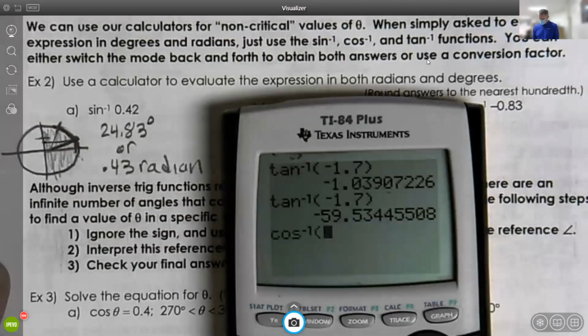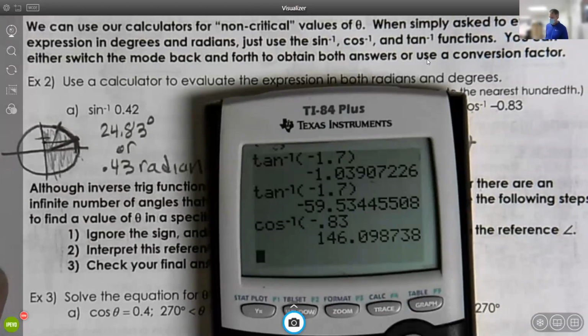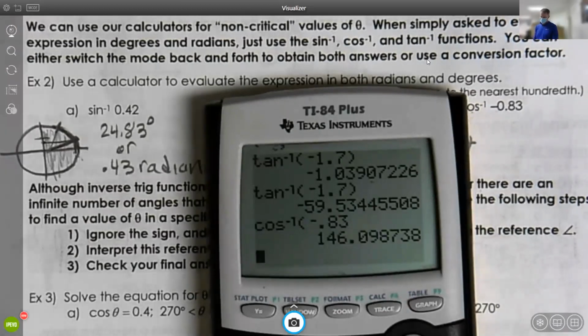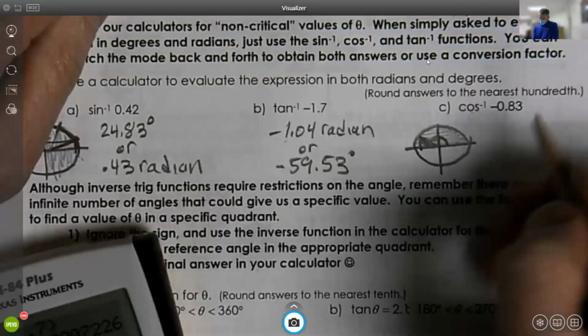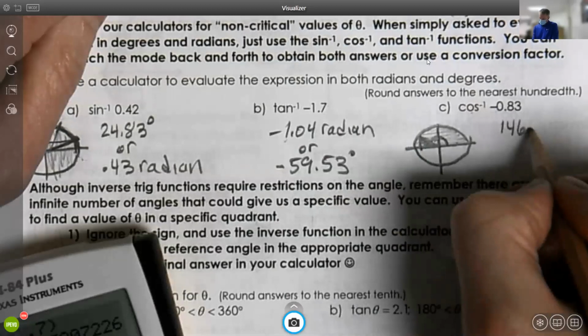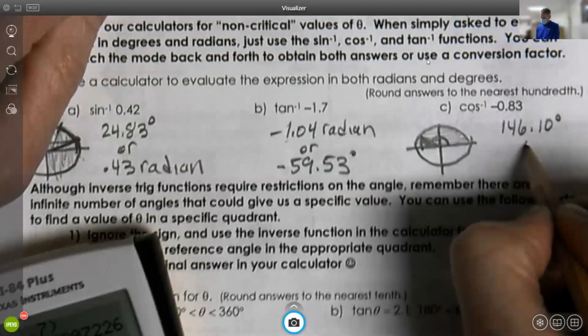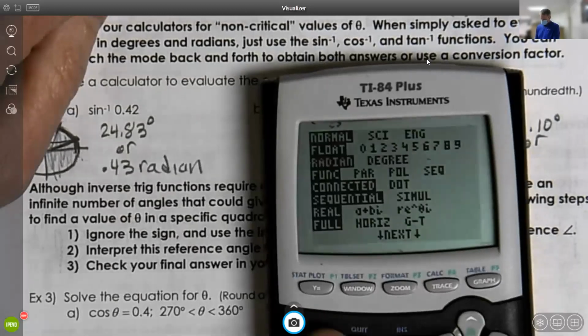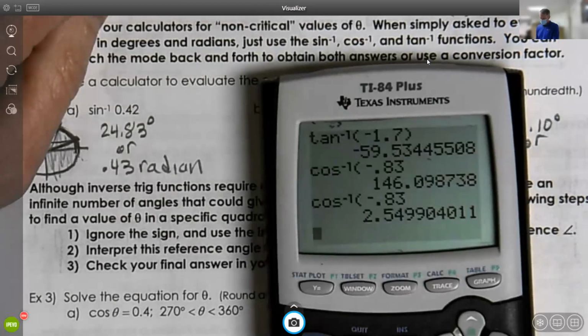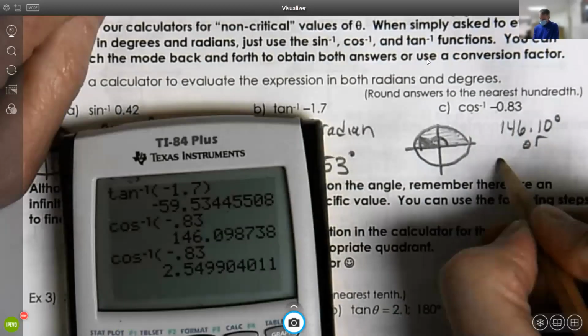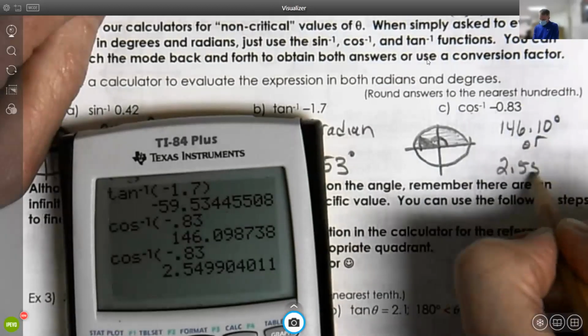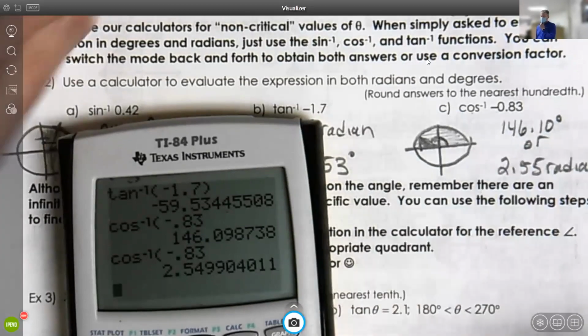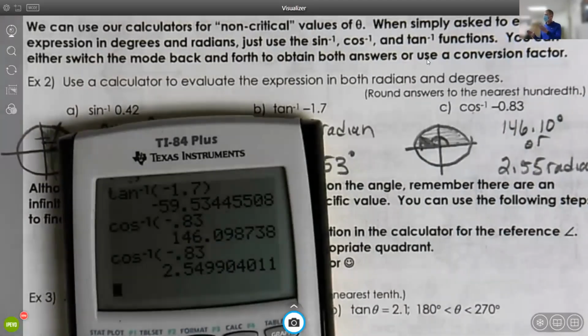And we get a 146-degree angle, 146.10 degrees, or we can turn that into radian. You hit enter again, and now it calculates it in radian, which is 2.55 radian. Okay, that would be over 2 radiuses along the path, the circumference.